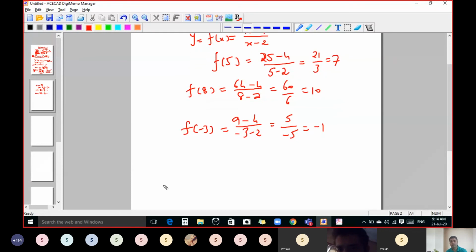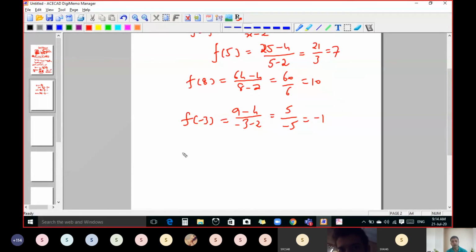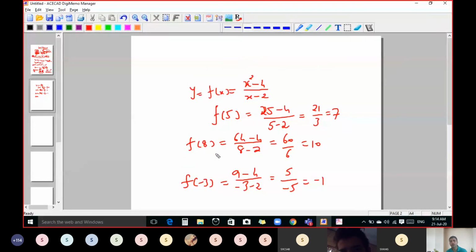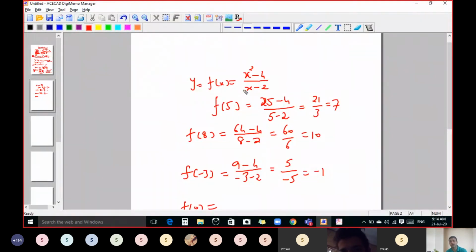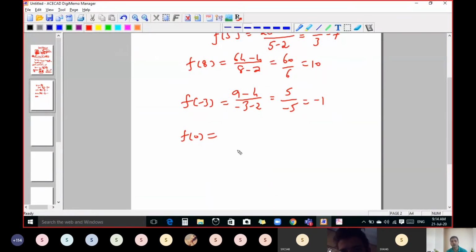Now, if there is a question, find out f of 0, put x equal to 0. So we get 0 minus 4 upon 0 minus 2. The answer is minus 4 upon minus 2, which is 2.